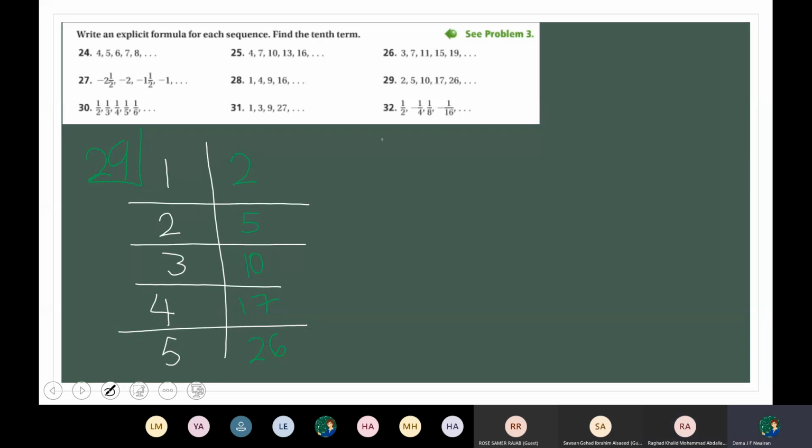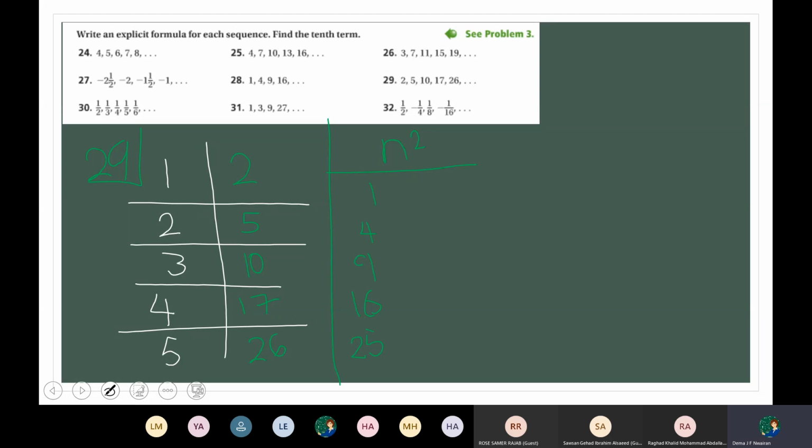Let's try n squared. 1 squared is 1. 2 squared is 4. 3 squared is 9. 4 squared is 16. And 5 squared is 25.